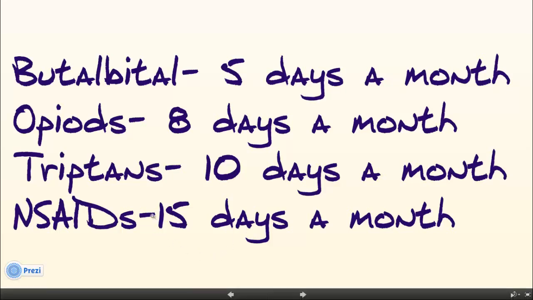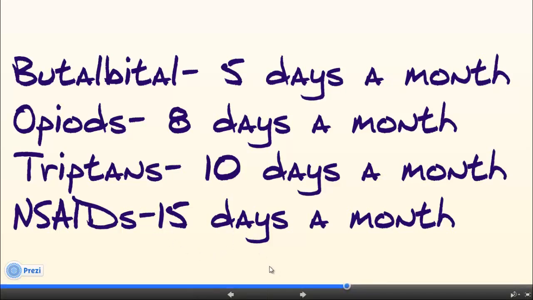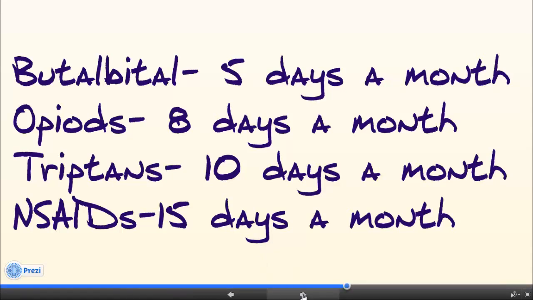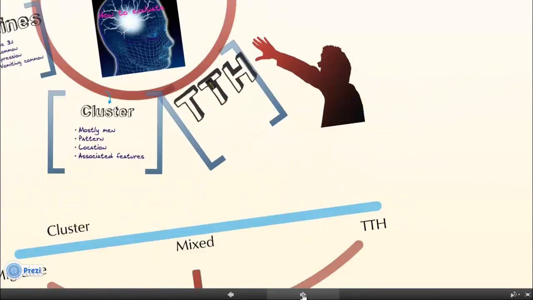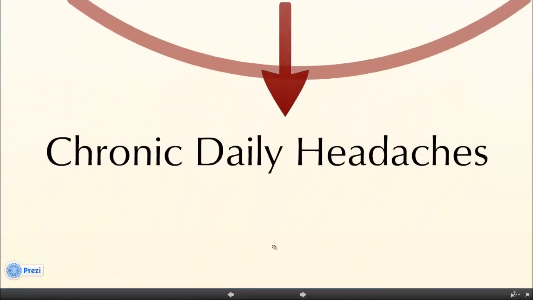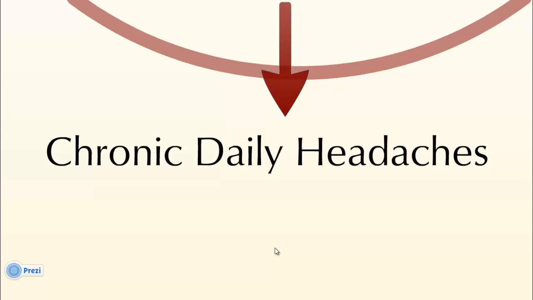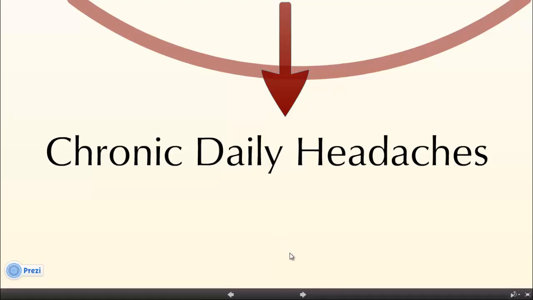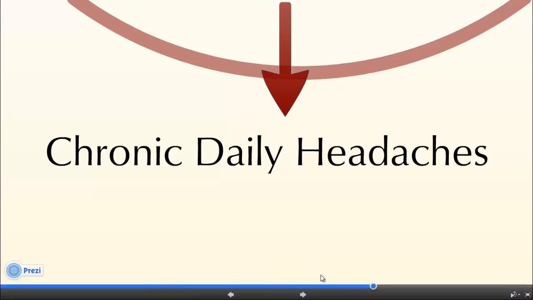And the NSAIDs as well, more than 10 to 15 days a month, can cause a rebound headache. So what happens is somebody will go from having episodic headaches to chronic daily headaches, or they could be called transformed migraine headaches.